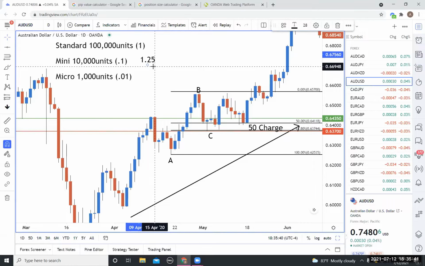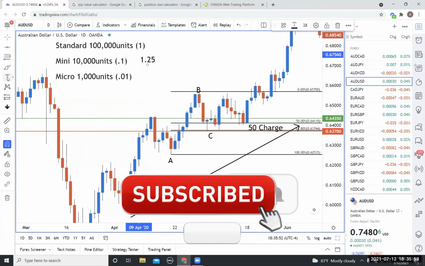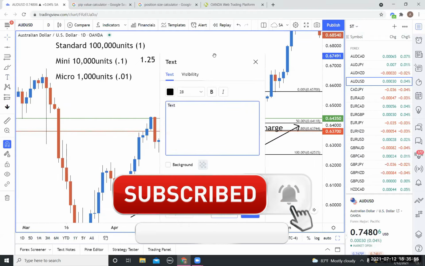Oanda is different. Oanda chooses to go the other way, and it's not very common. I would have to admit that most brokers are going to position size in these lots, but Oanda just has you put in an amount of units, right?